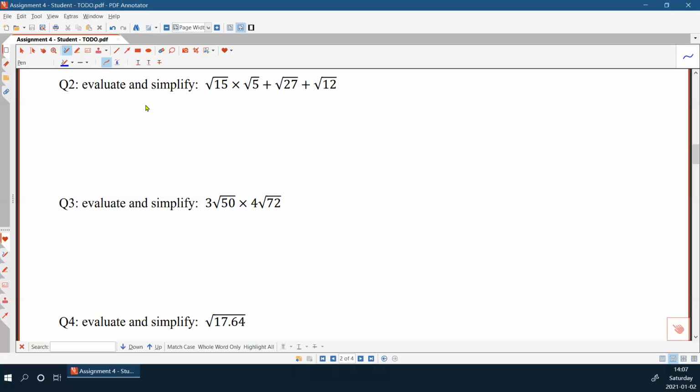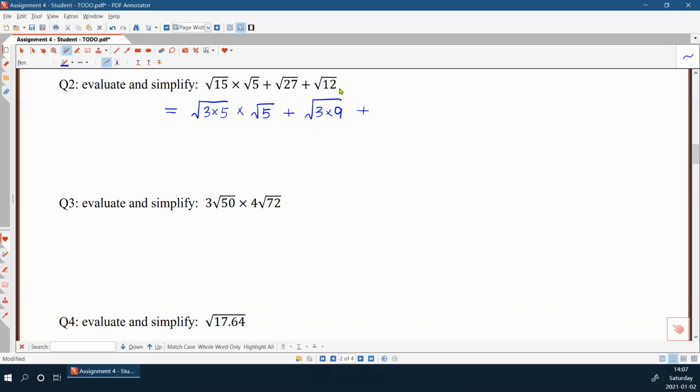Evaluate and simplify. Okay, this is an expression that involves radicals. Square root 15 is 3 by 5, right? And by square root 5 plus 27 is 3 by 9, and 9 is a perfect square.